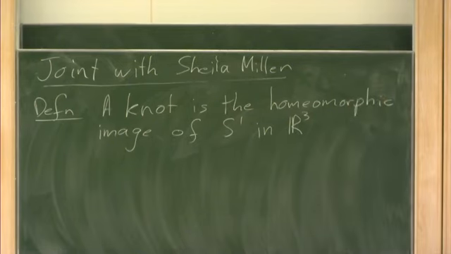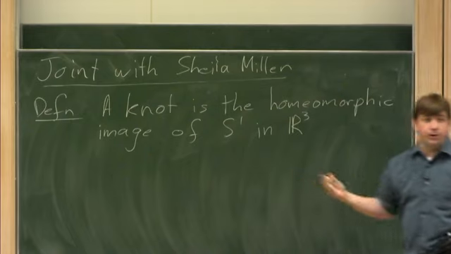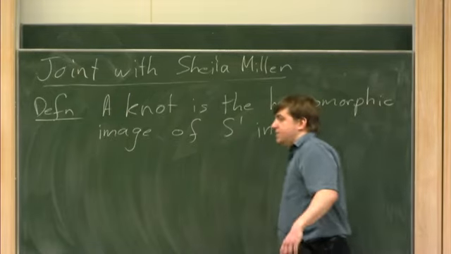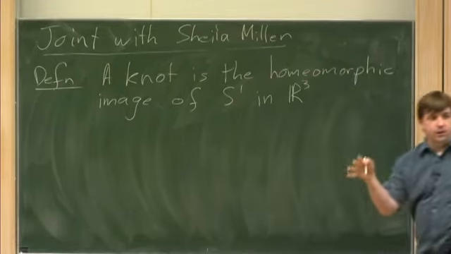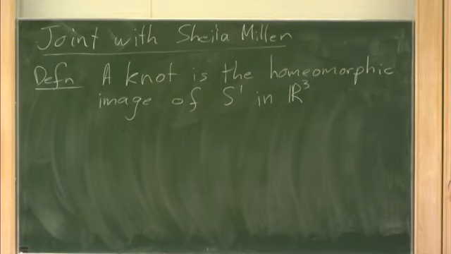Often you'll see people using the 3-sphere instead of R3, its one-point compactification. For our purposes, it doesn't make much difference. And then, of course, there's the notion that two knots are equivalent if you can squish them around to be the same, or squish around the ambient space.